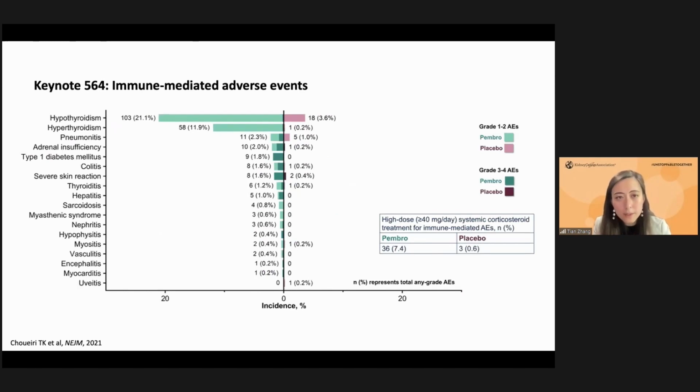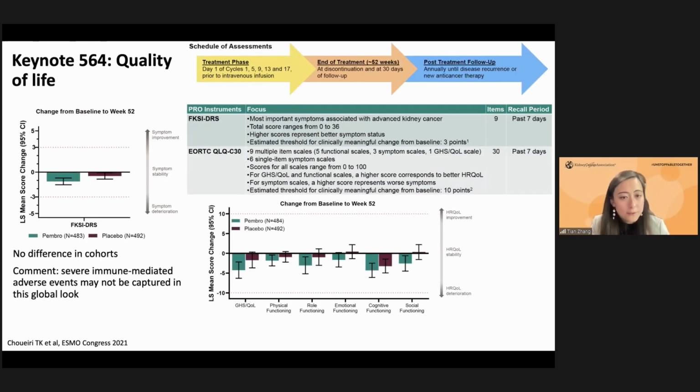These in particular were the immune-mediated adverse events, and again, very much expected for pembrolizumab. And as a field and in medicine in general, I think we're getting better and better at managing all of these immune-mediated side effects. Quality of life too was presented about 6 months ago, and there was no difference in patients who were treated between pembrolizumab and placebo during this time.